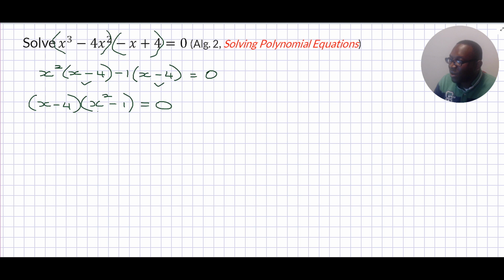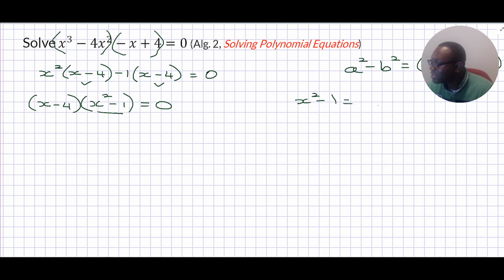Now we have a perfect square here, so what you need to remember is a squared minus b squared equals a plus b multiplied by a minus b. So now we're going to do that for x squared minus 1. x squared minus 1 is the same as x squared minus 1 squared.